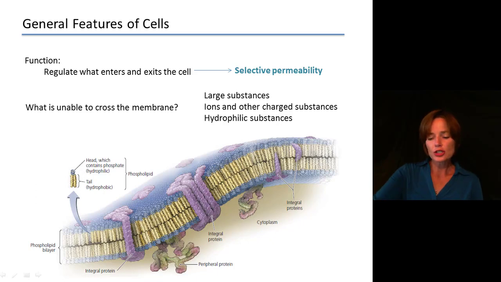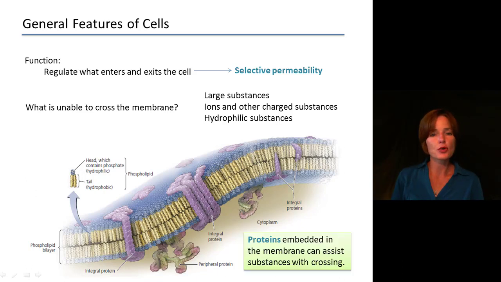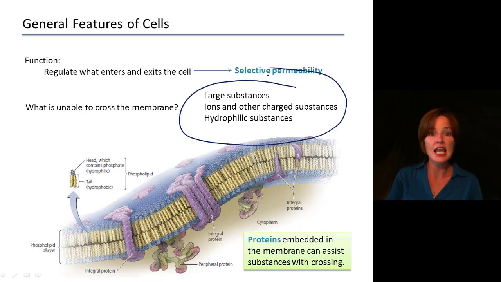So the way that they will actually help those get across or select them for crossing is going to be the proteins. And that's why I describe the proteins a lot of times as a functional part of the membrane, because they get to make those determinations. So the embedded proteins, they will assist with the substances crossing, and the things that they would be assisting with would be all of these that can't get across on their own.